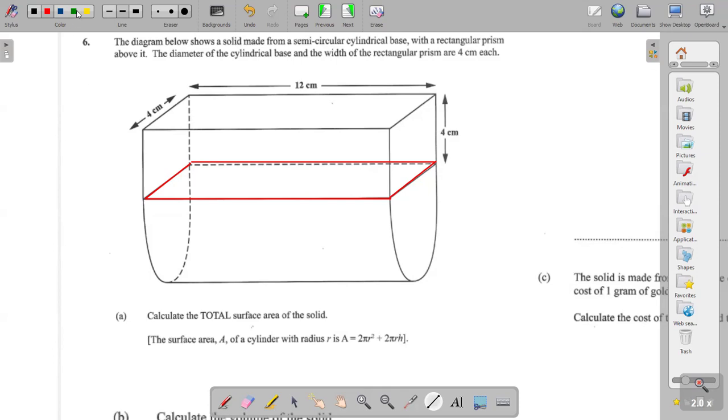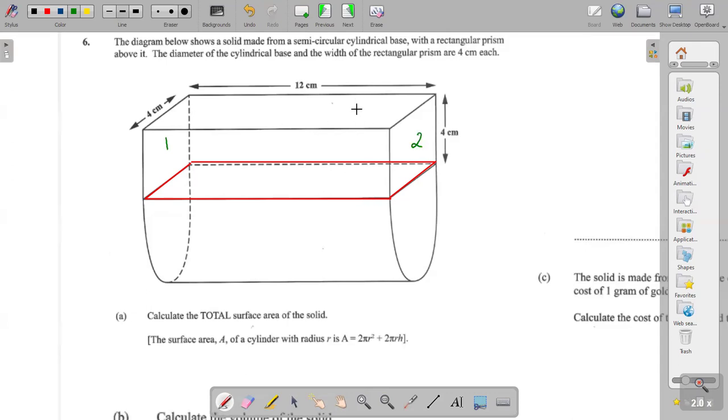All right, I'm going to give it a go. First of all, I'm going to separate the two. I'm going to look at the prism first, and then the cylindrical base at the bottom. Remember, it says total surface area, so we're only looking at the faces on the outside of the shape. I would start with the top part. The top part has a left and a right, so that would be 1, that would be 2.